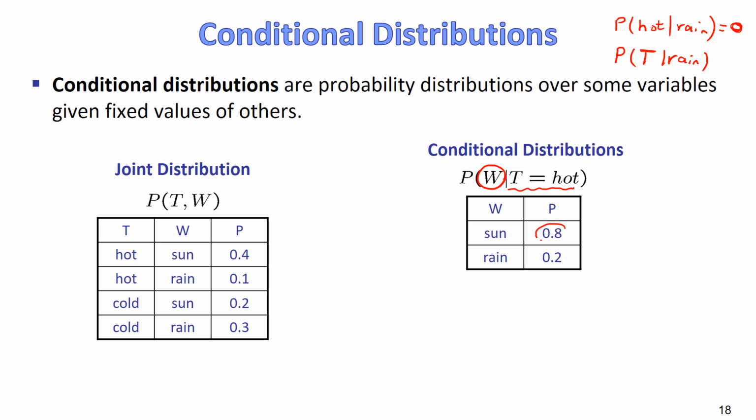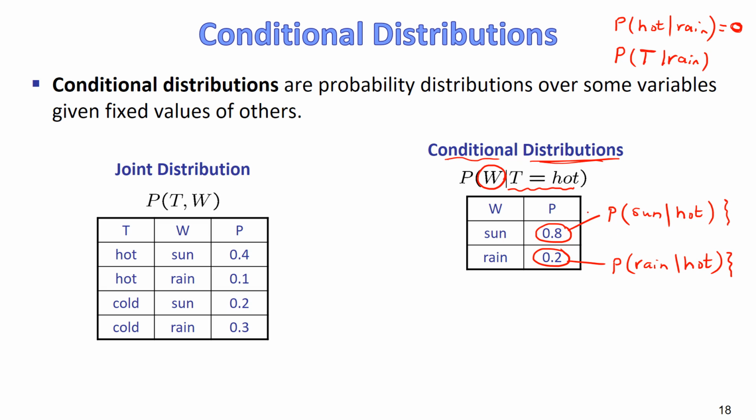Now this probability is the probability of sun given hot, and that probability is the probability of rain given hot. So this by itself is a conditional probability. This table as a whole, we call it conditional distribution because it's a distribution over all values. Now, how can we calculate these probabilities?